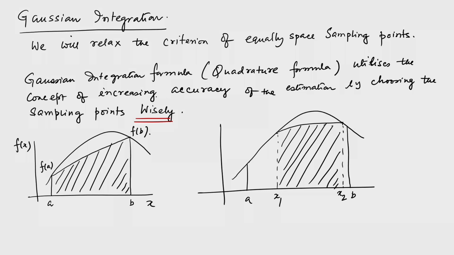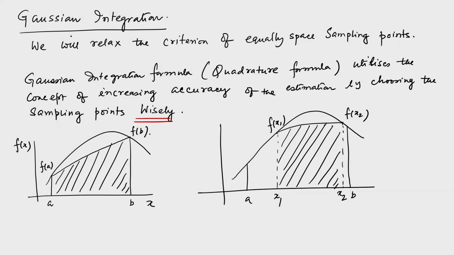That's why we have underlined this word wisely. So, if you wisely choose x1 and calculate the value of the function at x1, and wisely choose x2 by calculating f(x2), then we might get a much better estimate than what we would have gotten with the simple trapezoidal rule by taking the endpoints as the only sampling points.